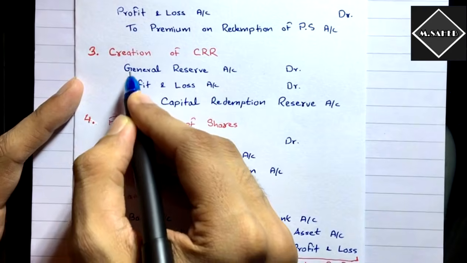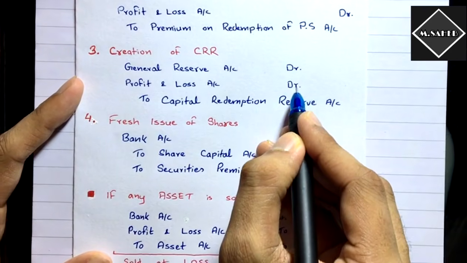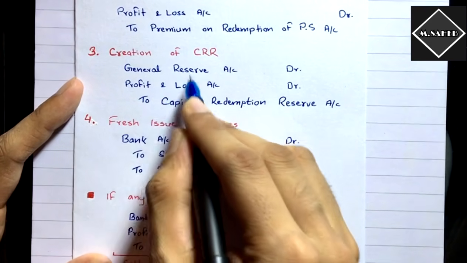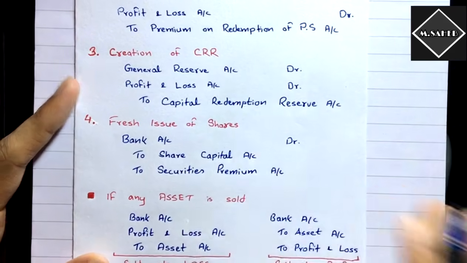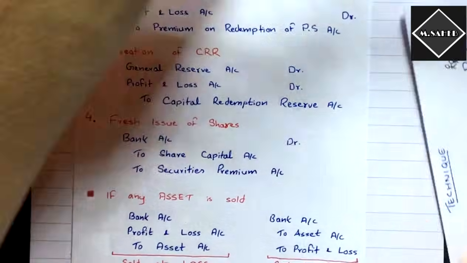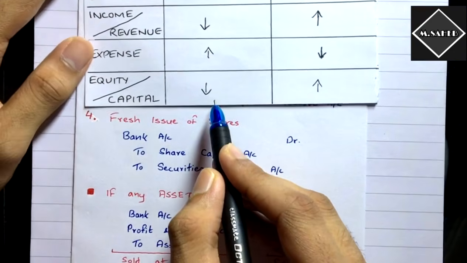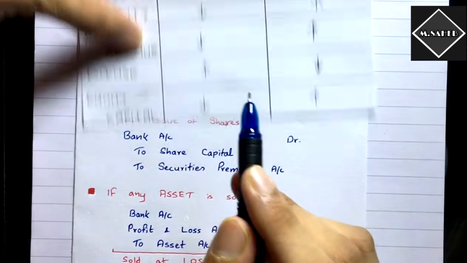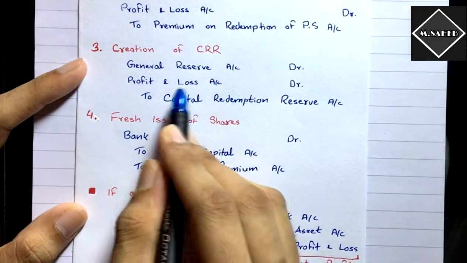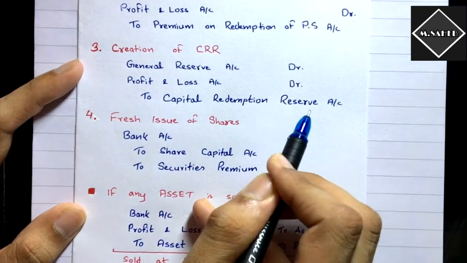All reserves have a credit balance, so you are using that, and you are reducing it. Reserves are like equity, shareholders' funds. If you are using it, then it is decreasing, so debit. You have to debit general reserve account, profit and loss account, to capital redemption reserve account.